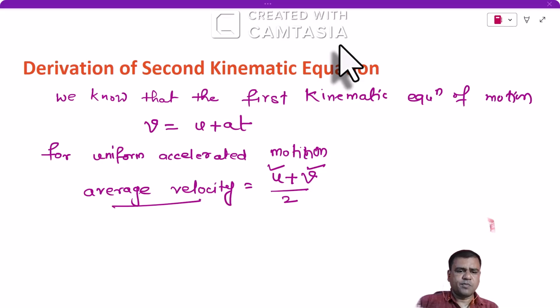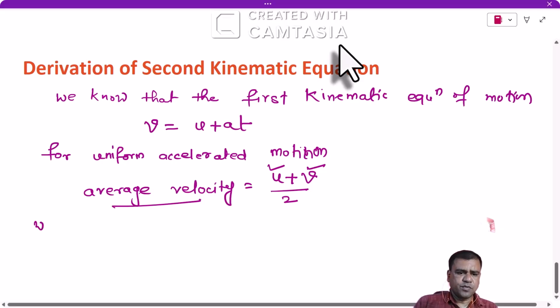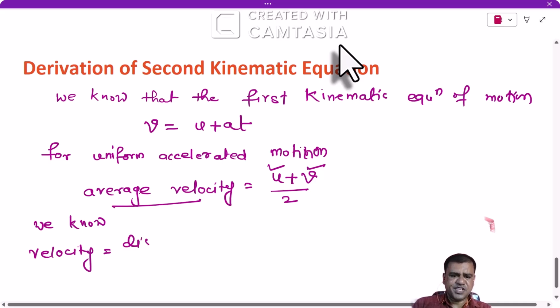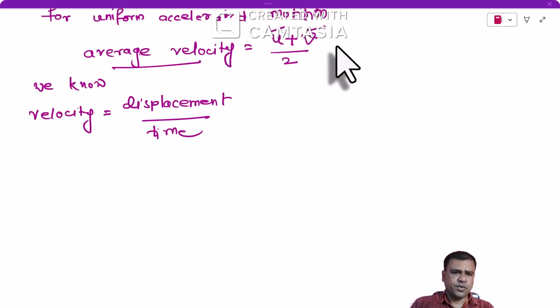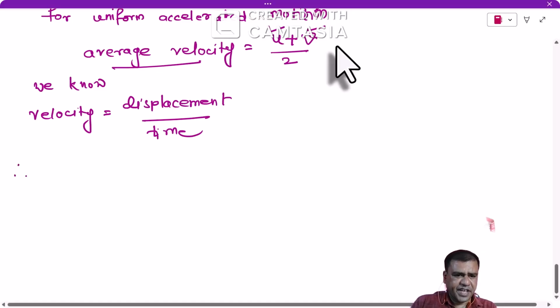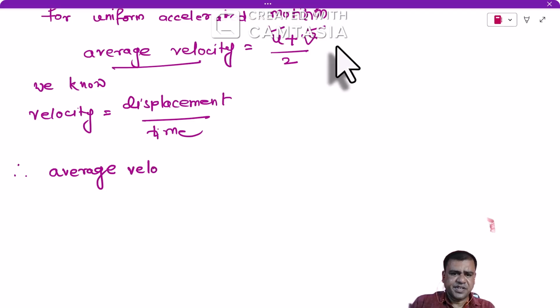We also know the formula of velocity, that is velocity is equals to displacement divided by time. Therefore, average velocity is also displacement upon time.